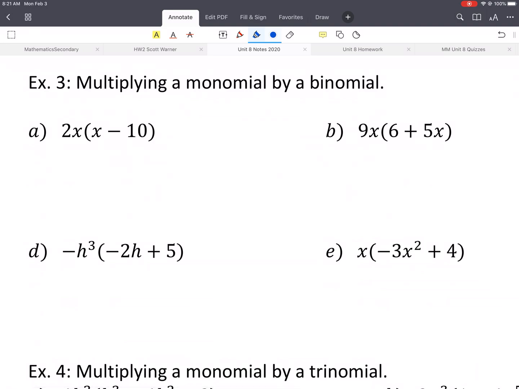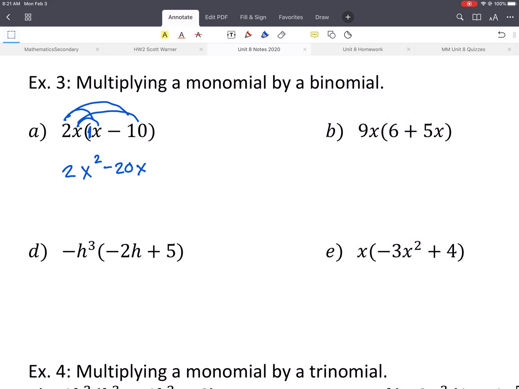You can do one at a time, like 2 times 1, we'll multiply the coefficients. 2 times 1 is 2, and then we can distribute the x times x, that gives you x squared. And then we can distribute the 2, that gives us a negative 20, and distribute the x, that gives you an x. Okay, usually I don't do it that way.